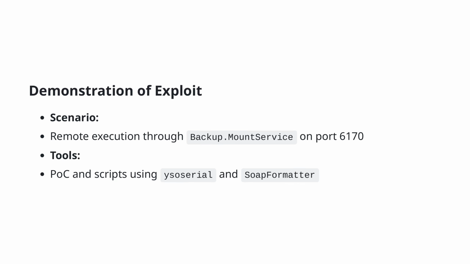In this demonstration of the exploit, we will see a practical scenario of remote code execution via the Backup Mount service, which listens on port 6170. To achieve this, we'll utilize a proof of concept and scripts that leverage the WISO serial tool and the SOAP formatter. These tools allow us to craft payloads that can exploit the Veeam vulnerability discussed earlier.